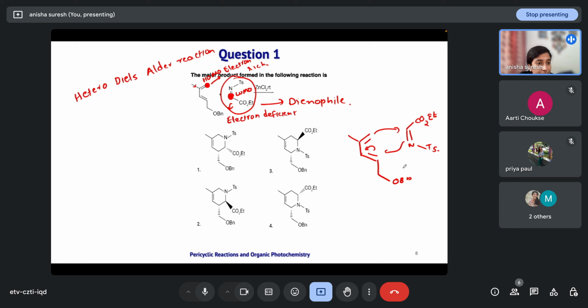Considering the bottom face approach of the dienophile, the stereochemistry of this center will be alpha, and this will also be alpha when we consider the endo rule. So the final product will be like this.